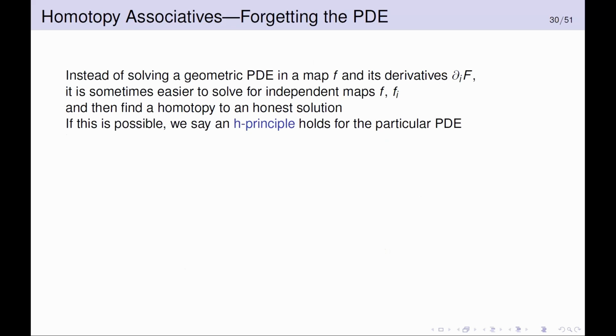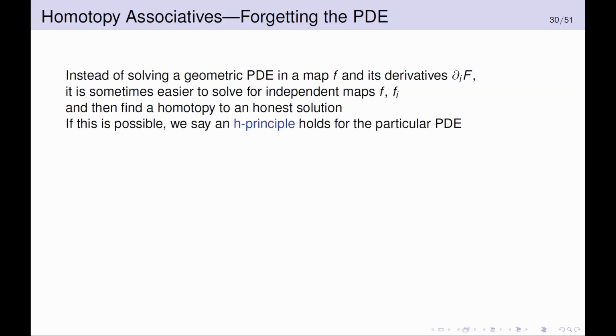And the way to do this, or one way to do this, is, well, in the first place, you had a map F and you had its partial derivatives ∂_i F, and somehow there is some typo there. I guess the current length should be small as well. Sometimes it's easier to solve the PDE for functions f and f_i and just forget that f_i is supposed to be a derivative of f.